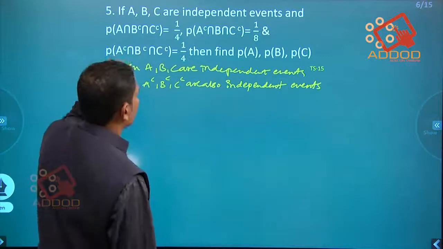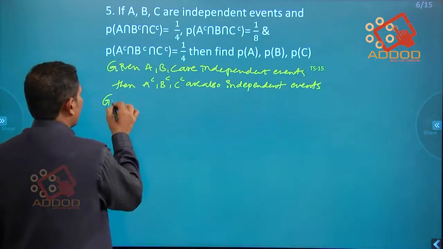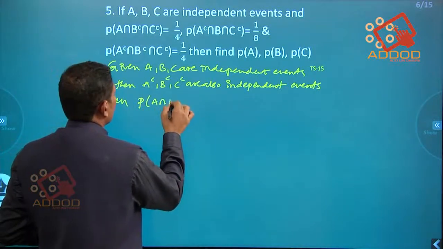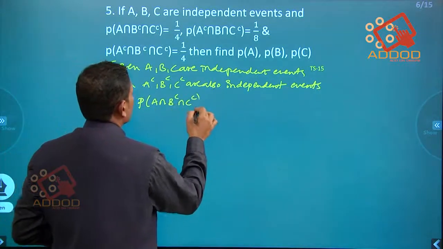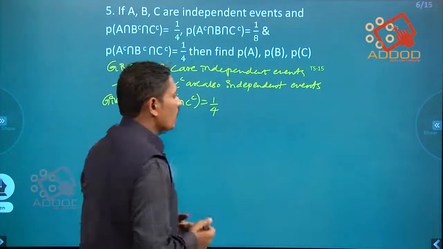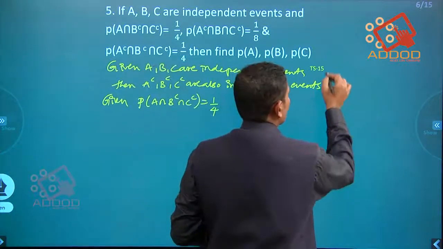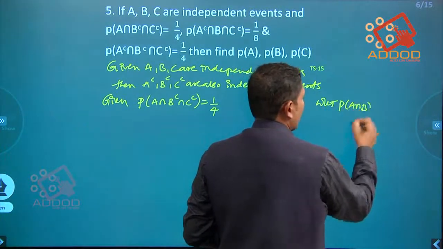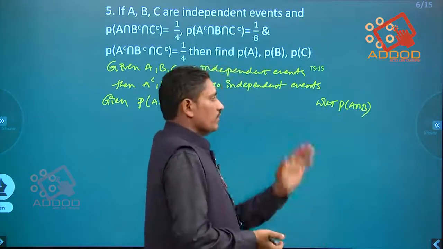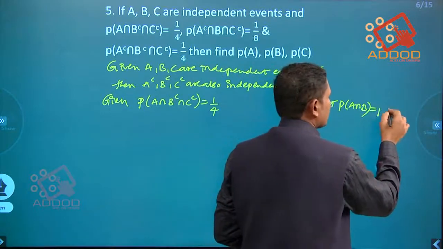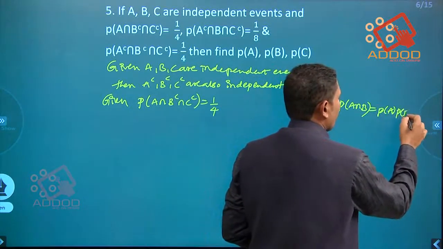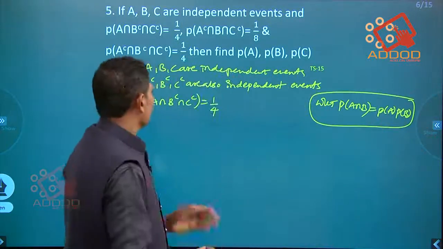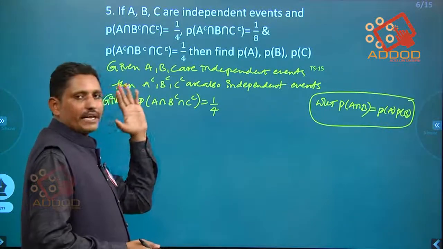Now the first given value: P of A intersection B complement intersection C complement is equal to 1 by 4. We know that if A and B are independent events, then P of A intersection B is written as P of A into P of B. That is for two events; here all three are independent events.